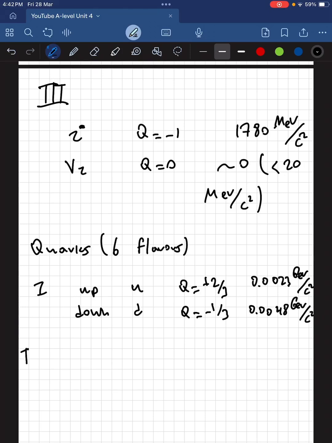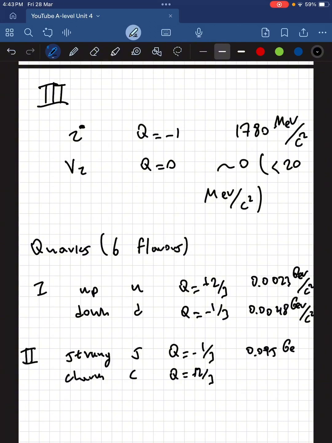Okay, so the second generation is the strange and charm, written as S and C, so 2 more flavors. Charge of the strange is -1/3. The charge of the charm is +2/3. And the masses are, let me see, 0.095 GeV over c squared and 1.275 GeV over c squared.